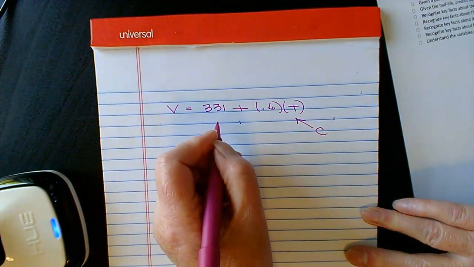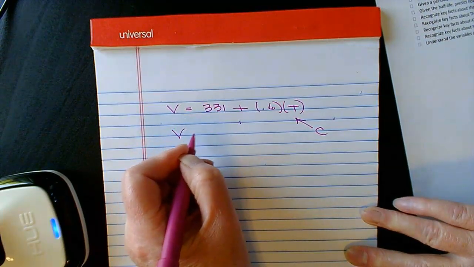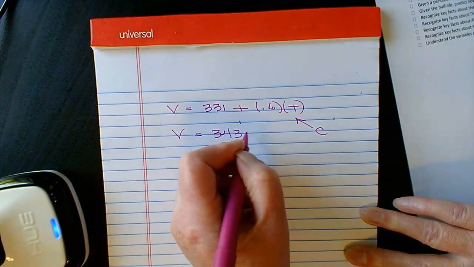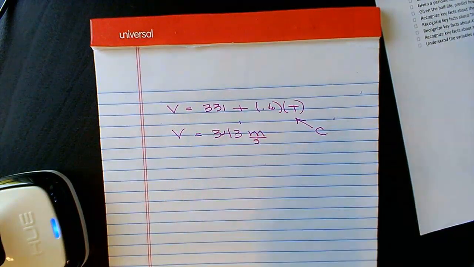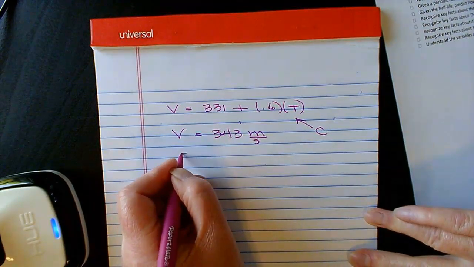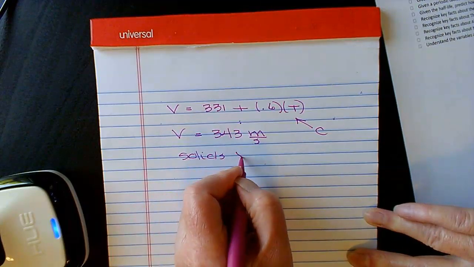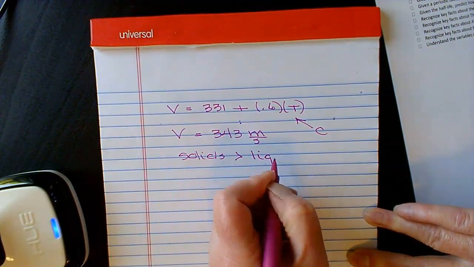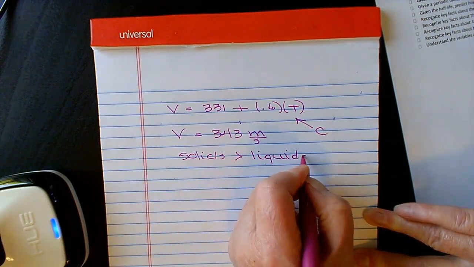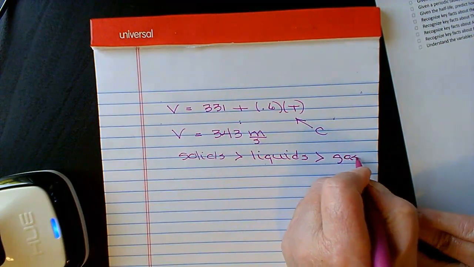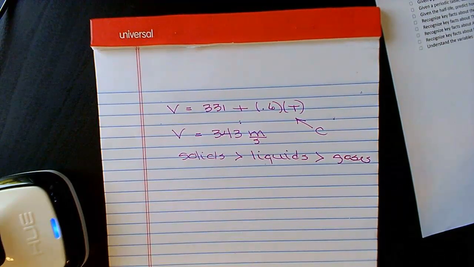If we're talking about room temperature, the speed of sound is 343 meters per second. Sound also travels fastest in solids, then in liquids, and liquids are faster than gases, and that's because of the spacing of the particles.